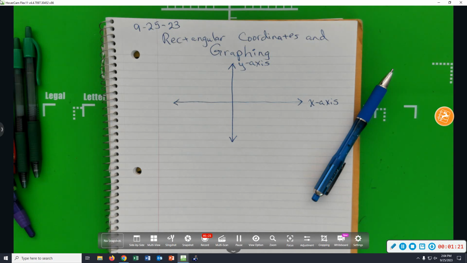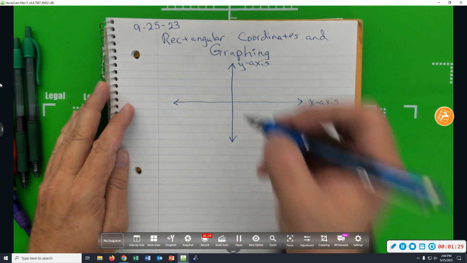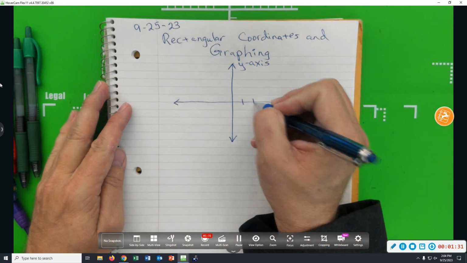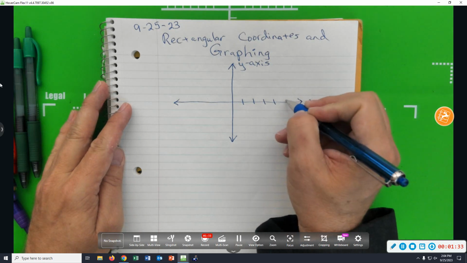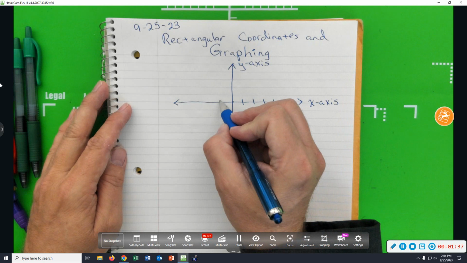Just like any number lines we were using in the last homework assignment, on the horizontal number line, to the right is positive. The point of intersection is 0. To the left is negative.